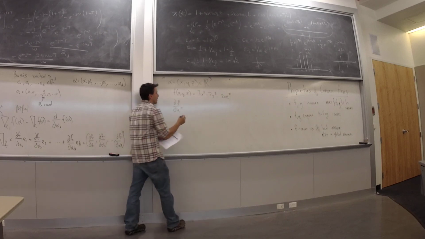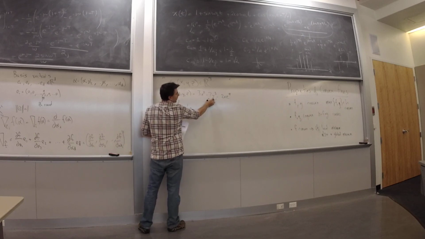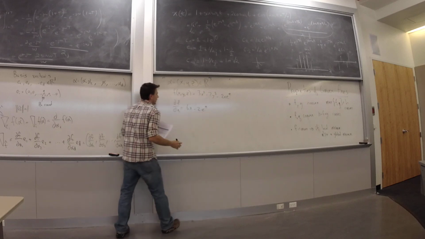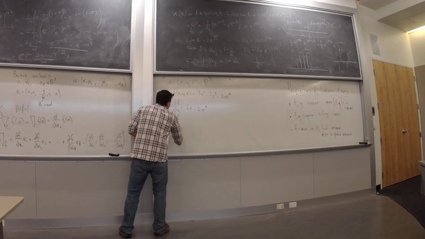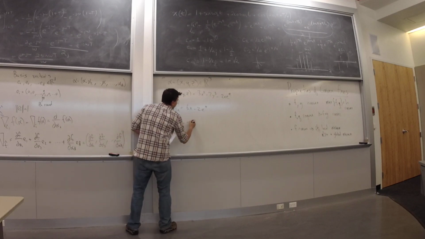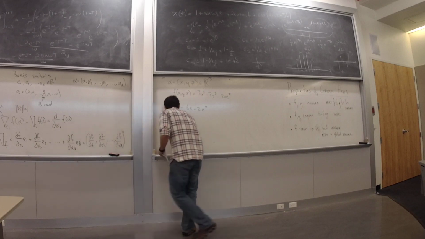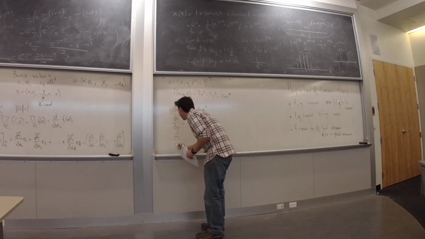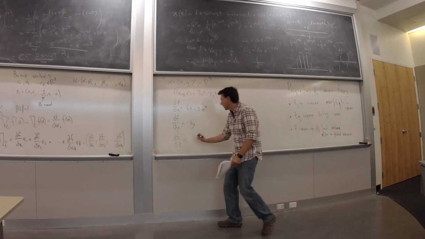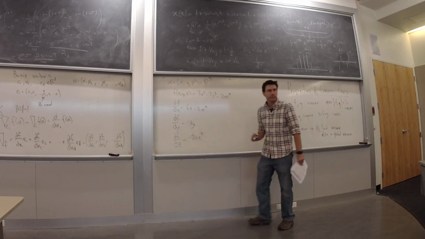Right, so this is just going to be 6x, this is 0, this is minus 2 e to the z. df/dy is going to be negative 6y, right, and df/dz is going to be negative 2x e to the z.